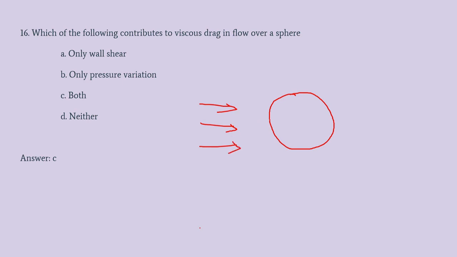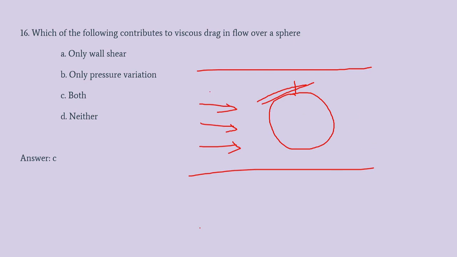Actually, what happens is that an area reduction happens because of the presence of the sphere. Suppose, to limit our domain, I am drawing two walls.